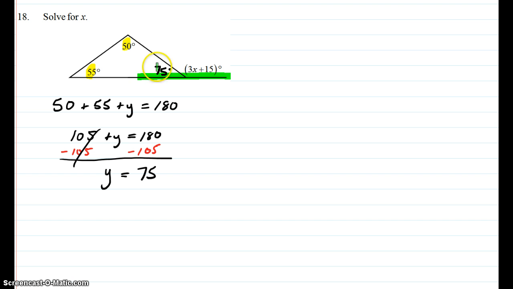And so now we know that this plus the 3x plus 15 will equal 180. So we can go ahead and write that: 75 plus 3x plus 15 equals 180. Now we can solve it.